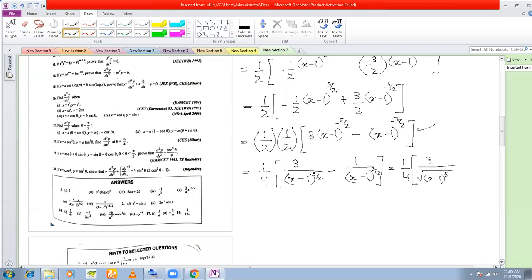And this is square root of x minus 1 cube. So now this becomes 1/4 of 3 by x minus 1 to the power of 5 means x minus 1 squared root x minus 1, and this is 1 by x minus 1 root x minus 1.